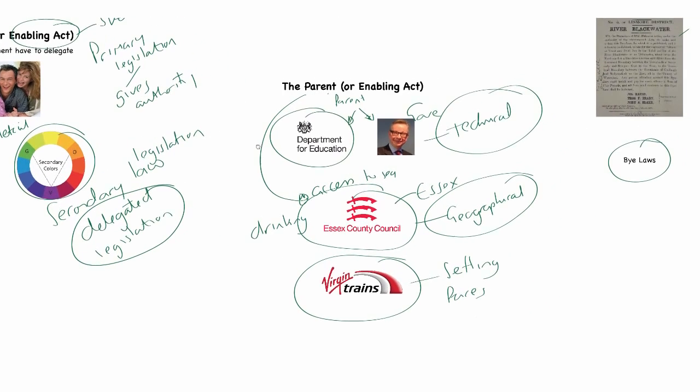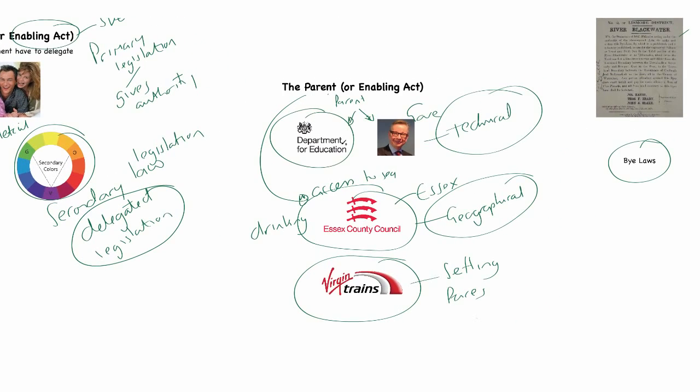The Parent or the Enabling Act allows either a government minister through his or her department to deal with issues of technical knowledge, a local authority to deal with issues of geographical speciality, or a body to deal with things like setting fares. So the Parent Act allows those three types of organisations to pass or to make delegated legislation.